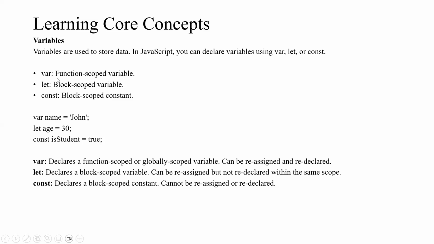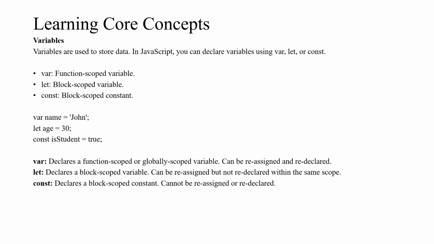So I just use a sample function here, a sample that you're using a variable, then I have a function scope variable. Then let is also known as block scope variable. And another thing, const, is also known as block scope variable. So this is an example of all those three things. Variable name, Alexandre John.